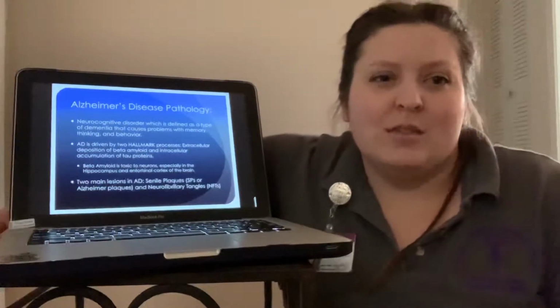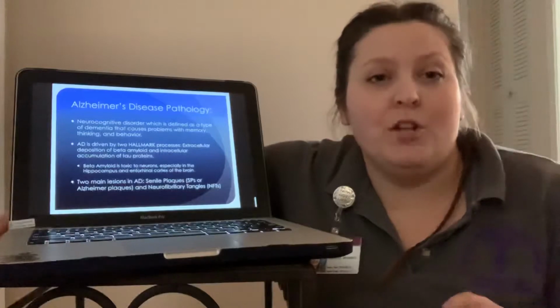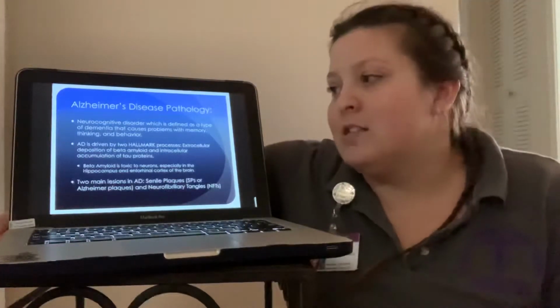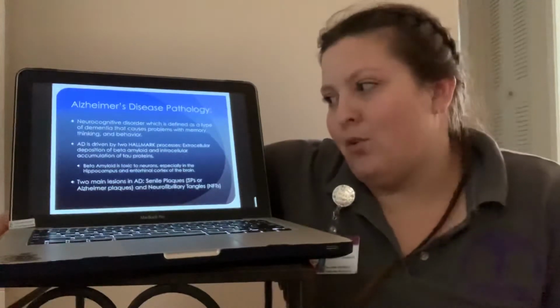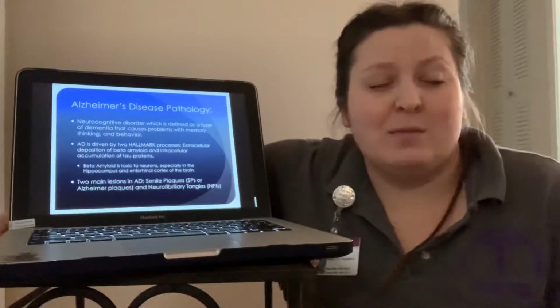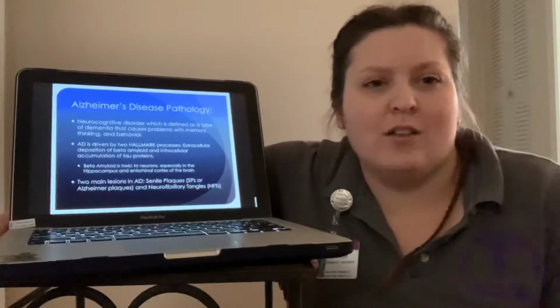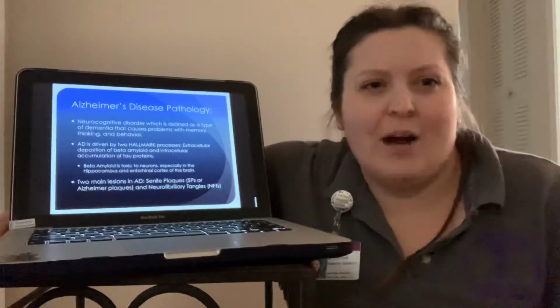And essentially these proteins in the brain are only present when you are diagnosed with Alzheimer's disease. These beta amyloid proteins are essentially toxic to the brain and specifically affect the hippocampus, which of course houses our memory storage and how we remember things.